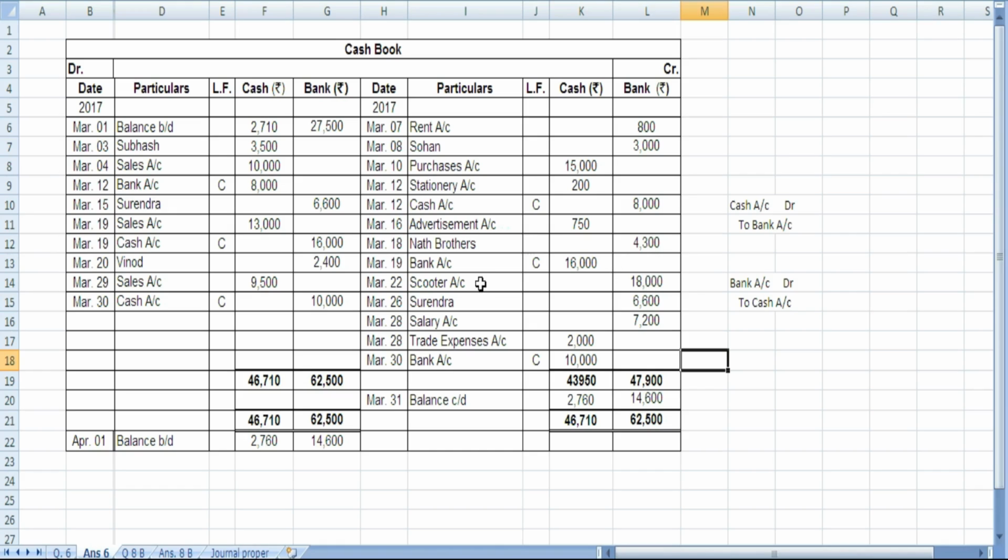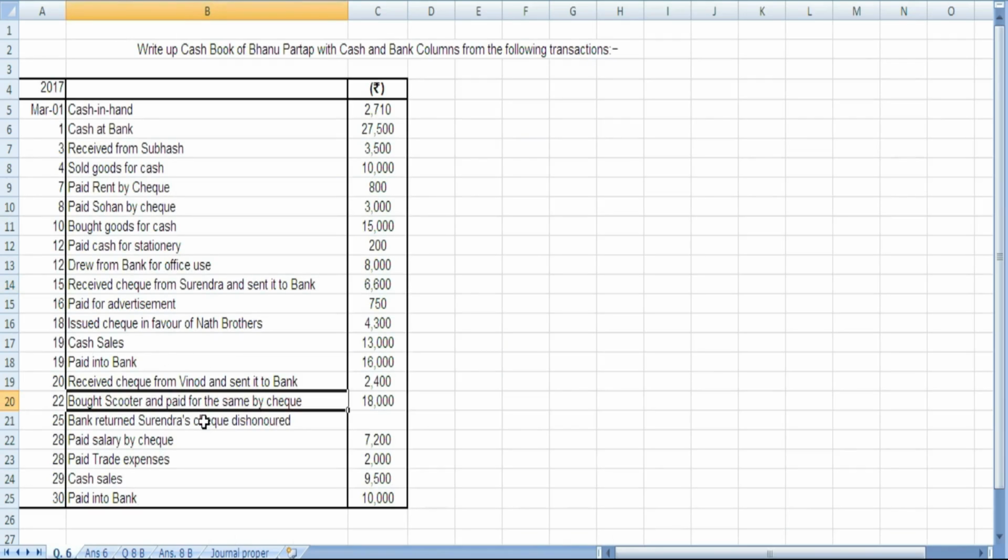So scooter, what comes in? Scooter account debit to, in the bank column, since paid by check. Then we have bank returned that Surendra's check dishonored.